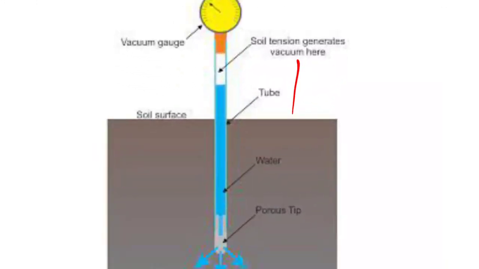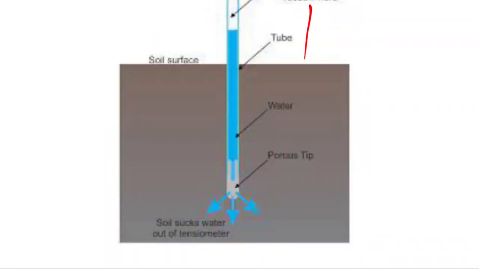The inner tube holds the water inside, and the outer tube protects the water present inside. Then at the end we have a porous cup or porous tip.